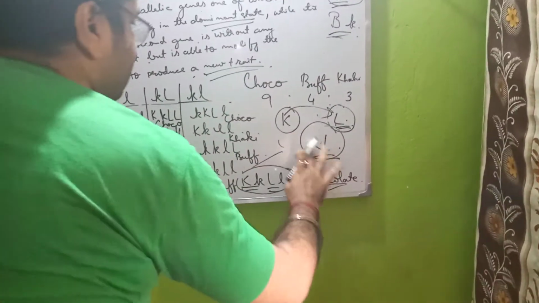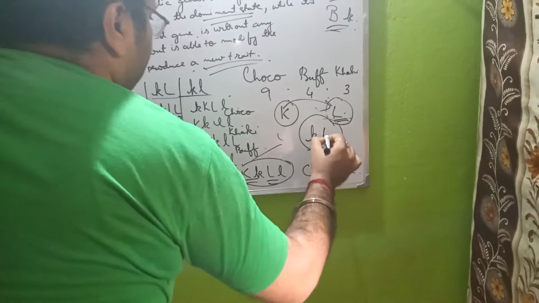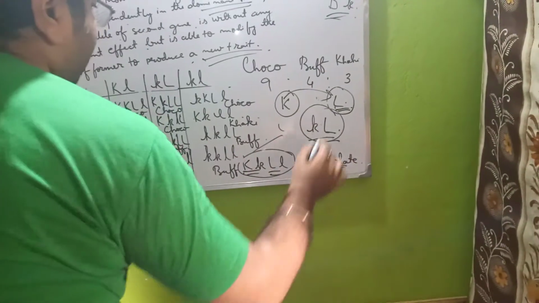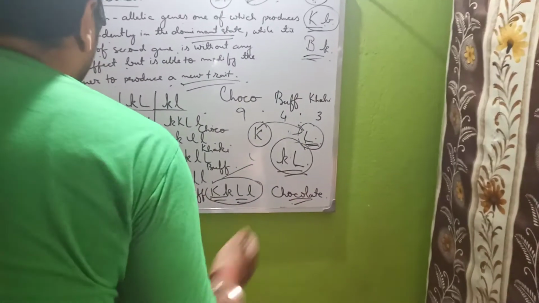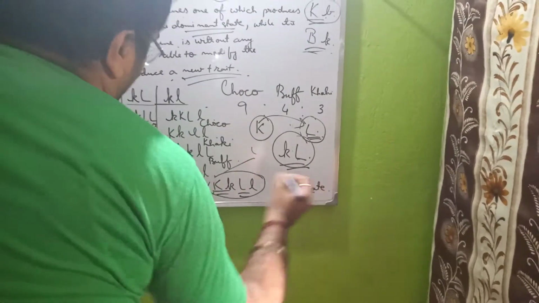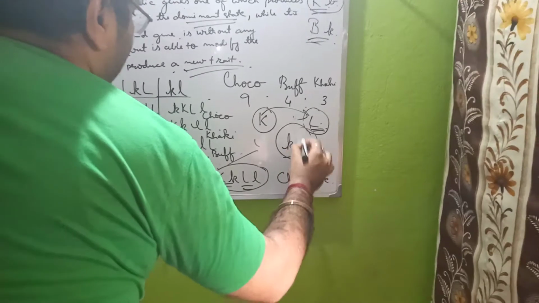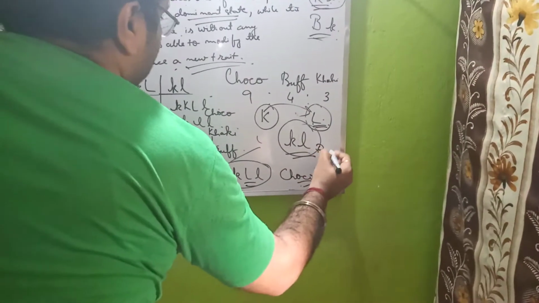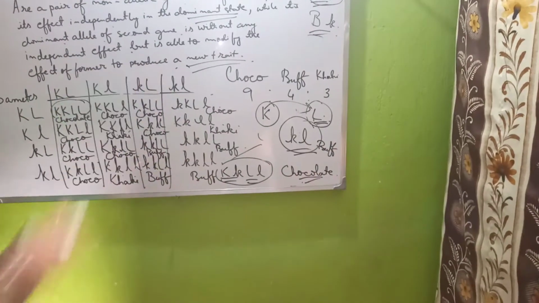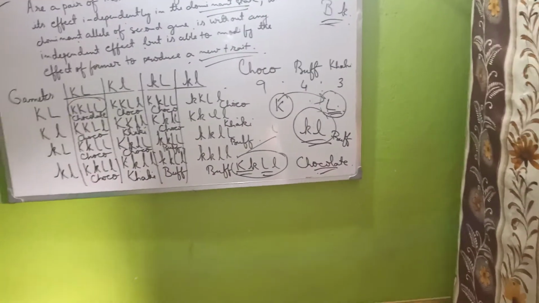Now if this gene is in recessive form and this one is in capital form, then also we will be getting a new trait, that is the chocolate color. But if both are in recessive form, only then we will be getting the recessive trait, that was the buff color. This is what is being explained over here.